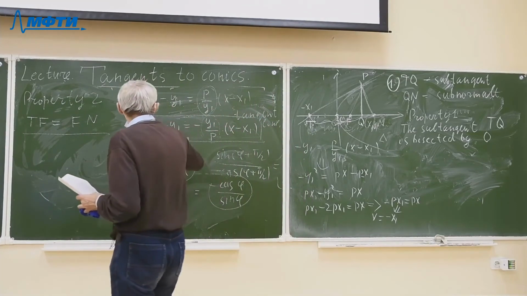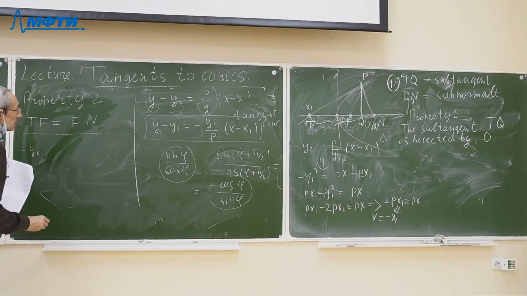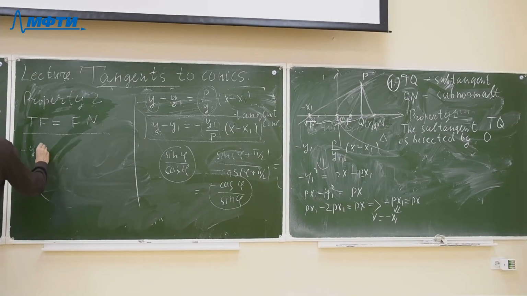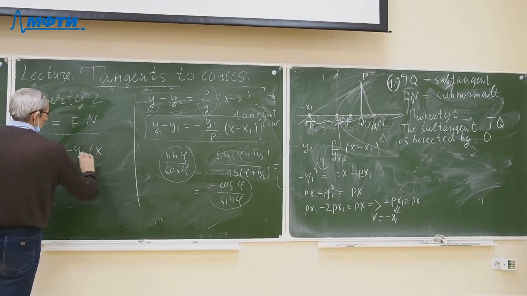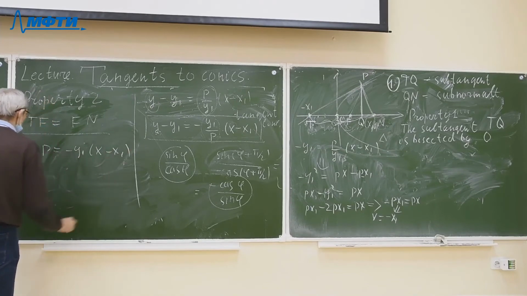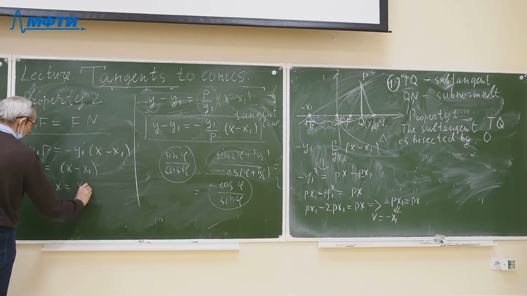From this equation we obtain that minus y1 times p is equal to minus y1 times x minus x1, and we obtain minus p is equal to x minus x1, and we obtain x is equal to x1 minus p.